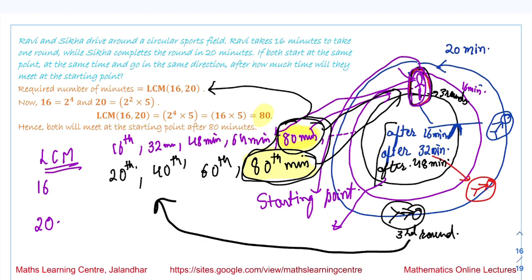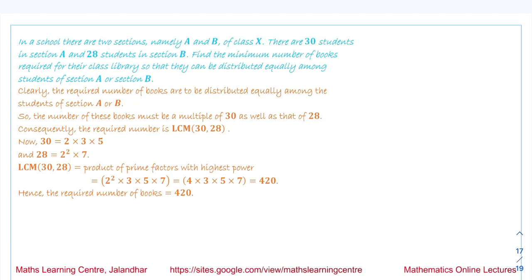Next is, in a school there are two sections, namely A and B of class 10.